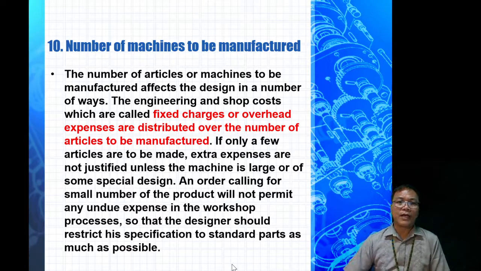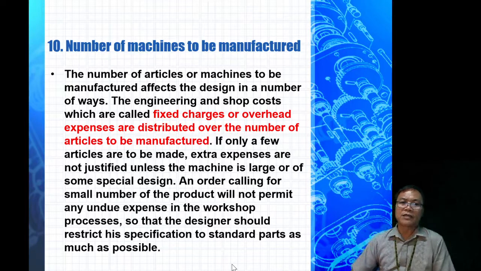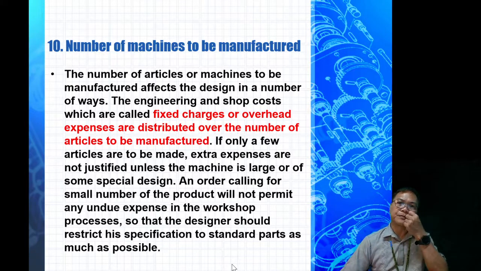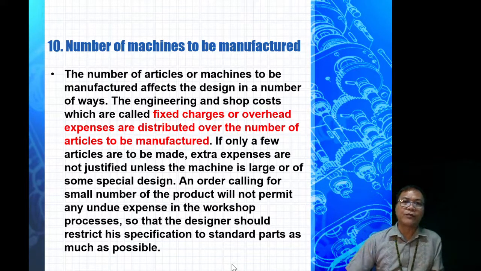If only a few articles are to be made, extra expenses are not justified unless the machine is large or of some special design. An order calling for a small number of the product will not permit any undue expense in the workshop processes, so the designer should restrict his specification to standard parts as much as possible. Okay, this is very important, no.